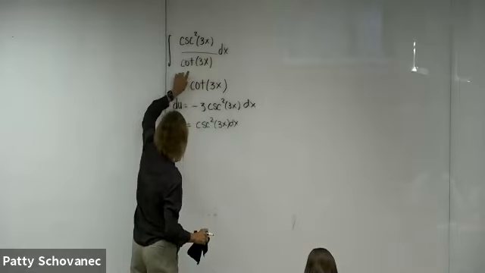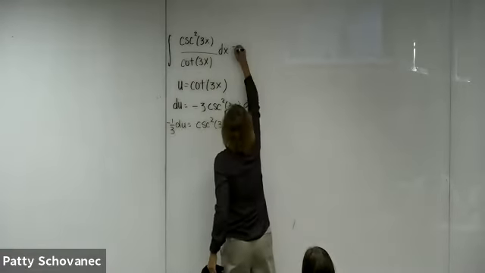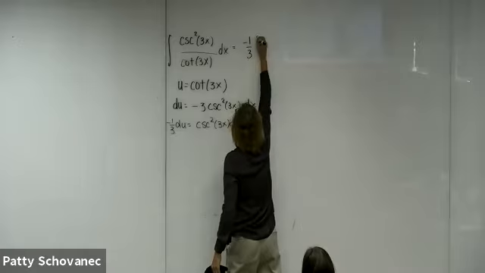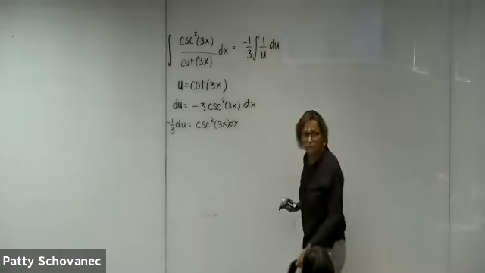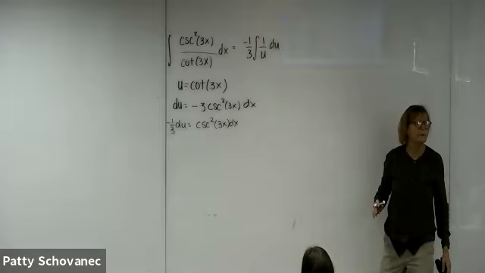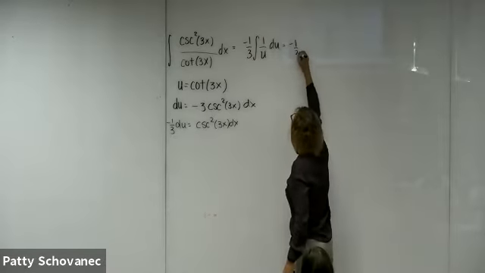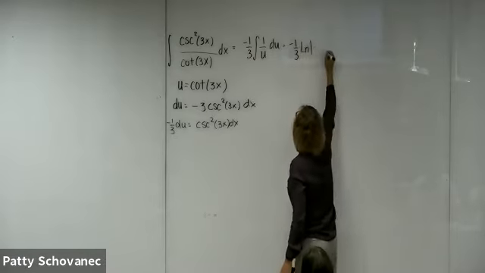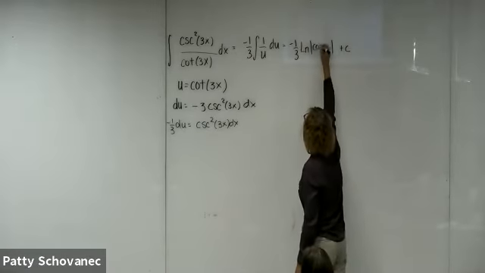That's the du. So 1/u du. Everybody see where that came from? So I got a natural logarithm, and u was cotangent of 3x.